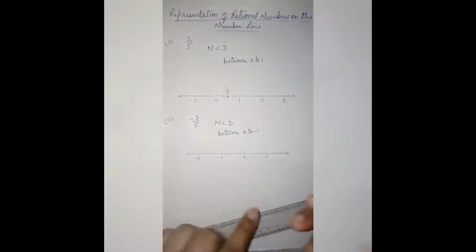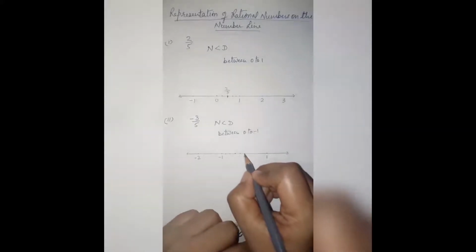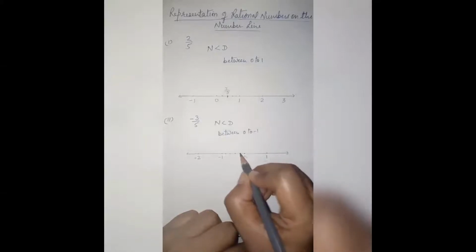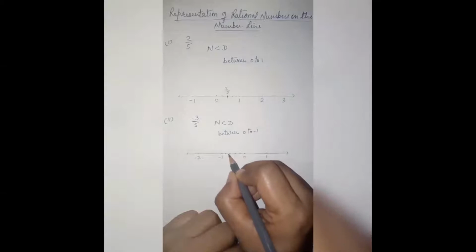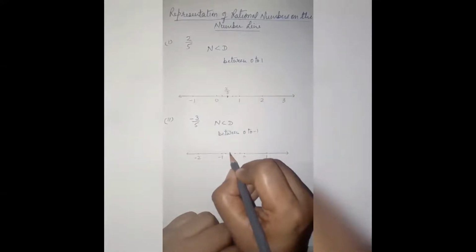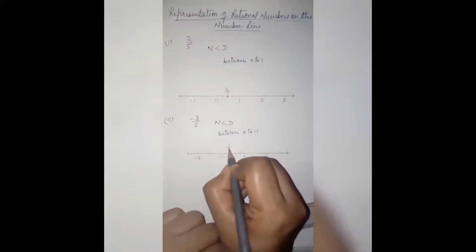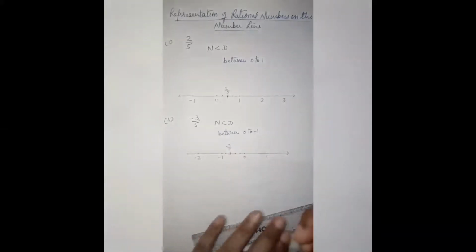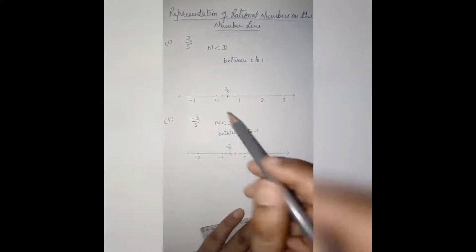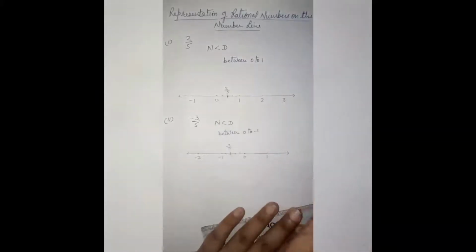Remember always that you will start your parts from 0 onwards, to the left side. First part, second part, this is the third part. So you will highlight it, and you will write here minus 3 upon 5. In this way you will show this rational number on the number line.